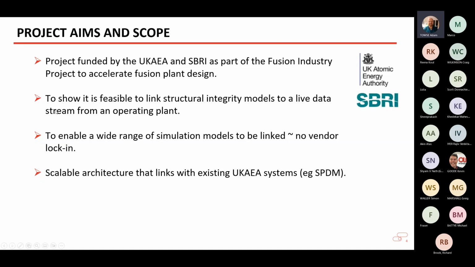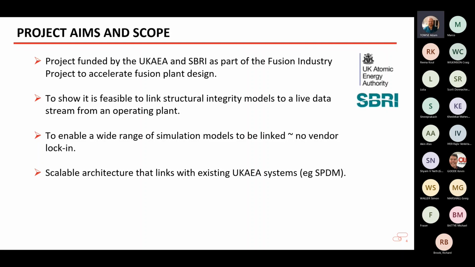And what we tried to do, and what I will hopefully show you that we did achieve, is that it is feasible to link structural integrity models, the very detailed calculations that are done to justify the integrity of nuclear plant, to a live data stream from an operating plant.